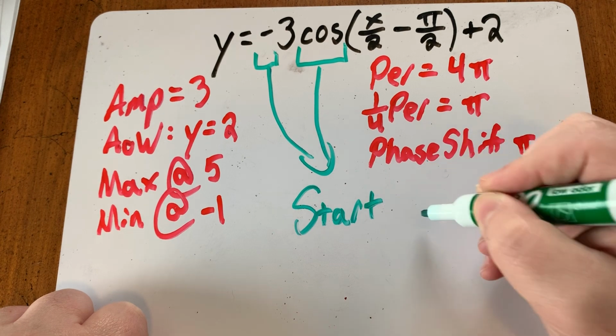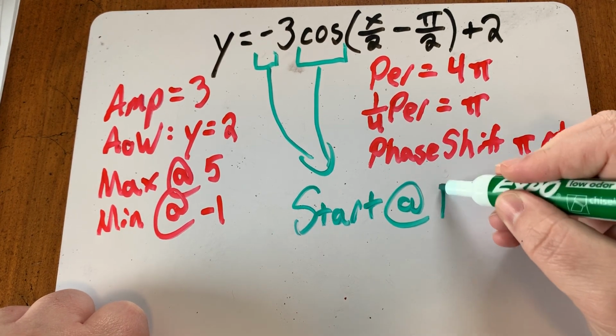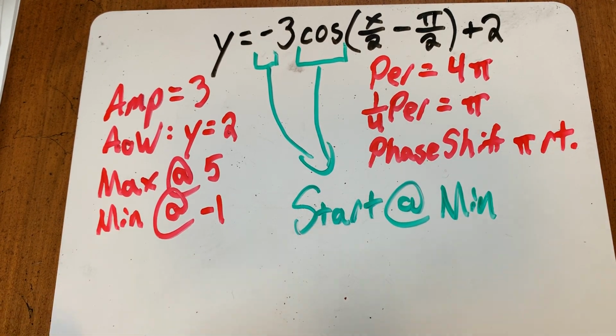So instead of starting at the maximum, it's going to be reflected, so it's going to start at the minimum. So positive cosine starts at the maximum, a negative cosine starts at the minimum, positive sine starts at the axis of the wave going up, and negative sine starts at the axis of the wave going down. So with all of this information, that's what we need to graph this.